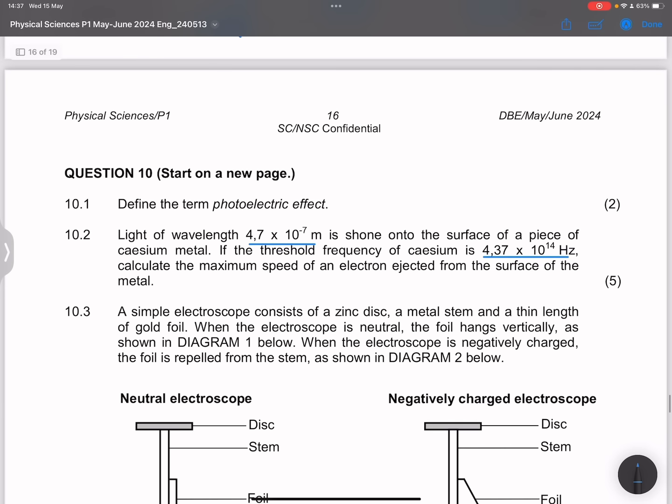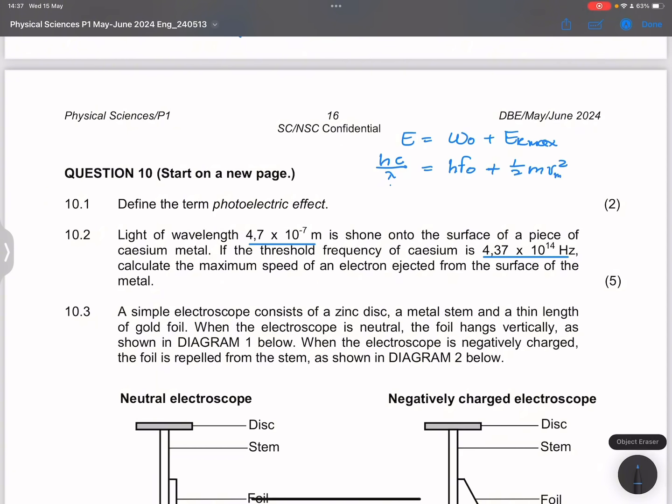of that metal, right? So I'm going to say, right, so E is equal to omega 0 plus EK max. Okay, so firstly, we've got hc over lambda, because we're given the wavelength, right? And we've got hf0, and we are looking for the maximum speed. So I'm going to say this is half mv squared.